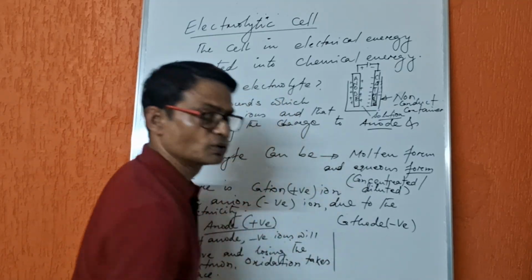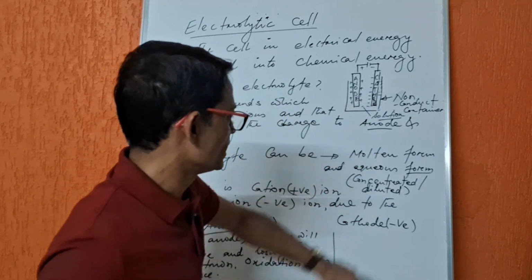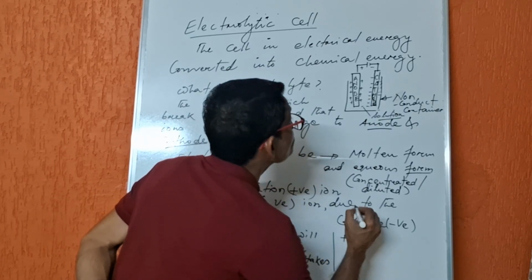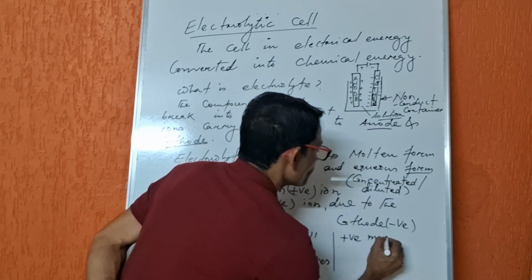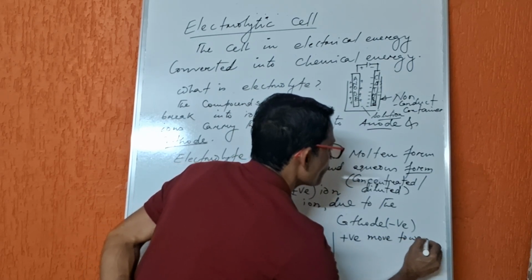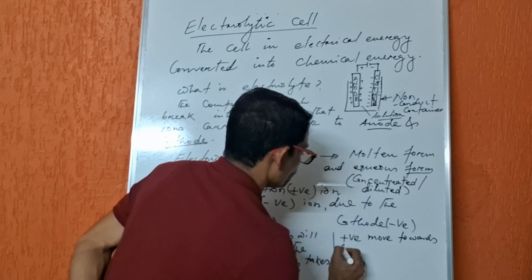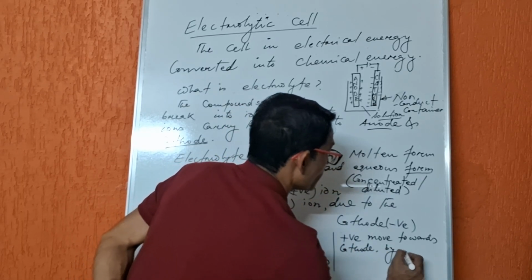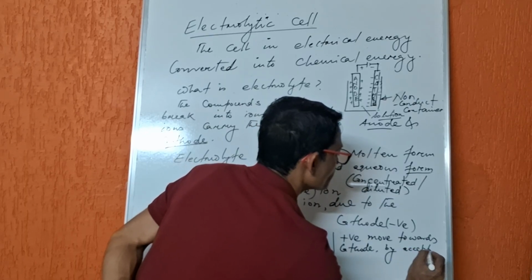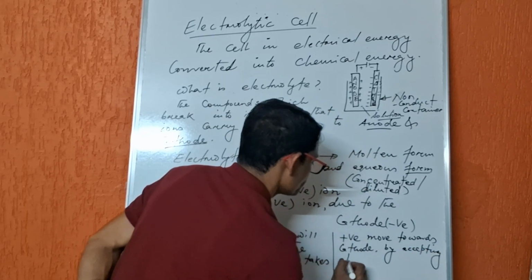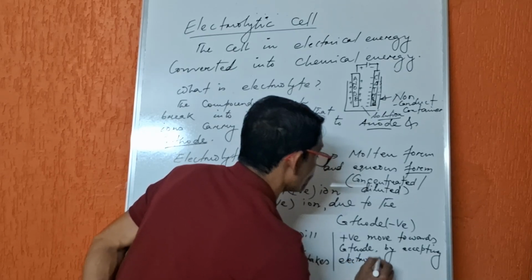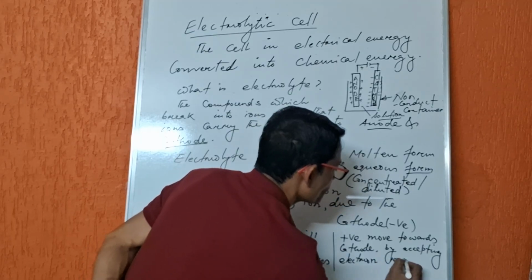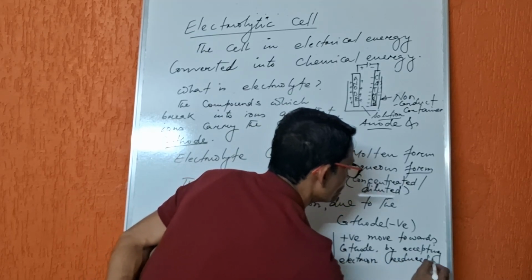Whereas at cathode the positive ion moves towards cathode, and by accepting electron reduction takes place.